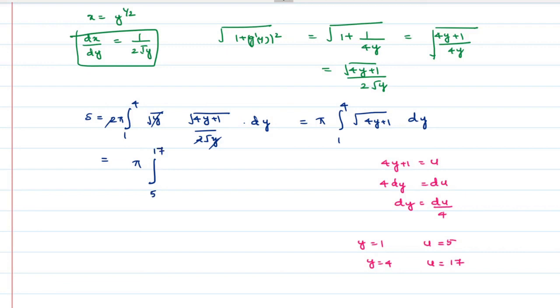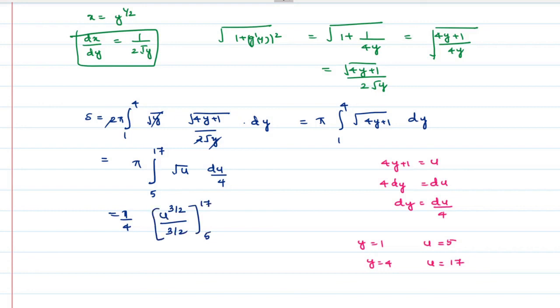Root of u, then dy is du by 4. Is it right? You can take 1 by 4 outside. Root u integrates to u raised to 3 by 2 divided by 3 by 2, from 5 to 17.